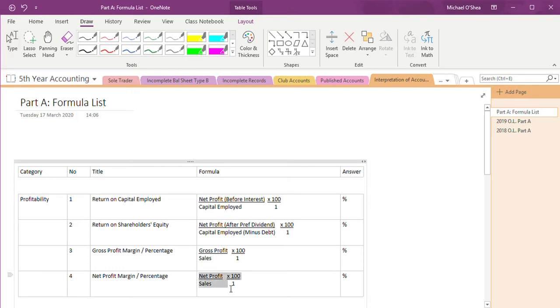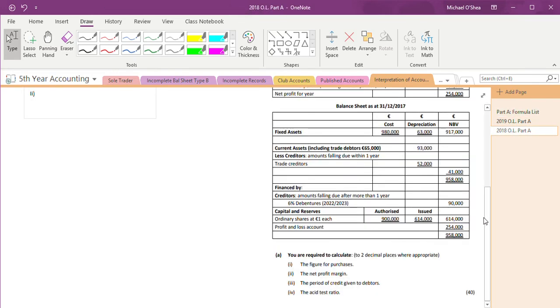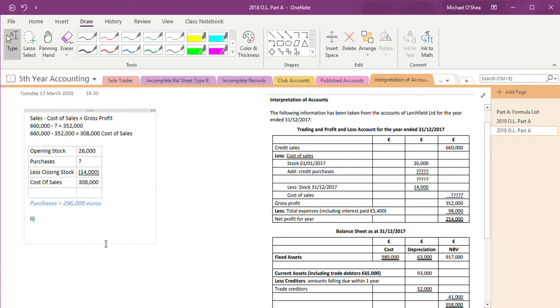So this is my formula, and the answer is going to give me a percent. I'm just going to copy it to be faster. Again, for these questions, you have to learn off the formulas. Now I just plug it in. My net profit for the year was 254,000. I can see that at the bottom of my P&L.